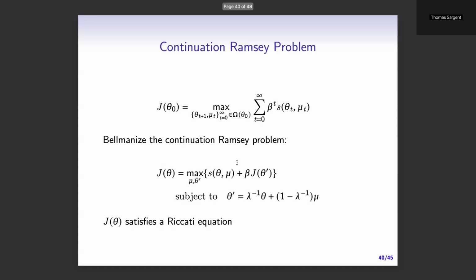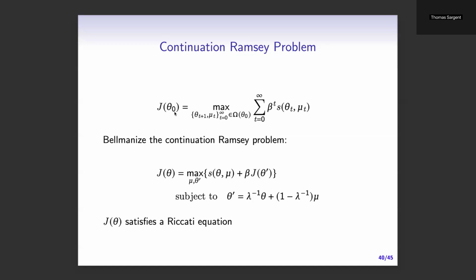And then I defined something called a continuation Ramsey plan. And again, finding the state is an art. So the key thing here is, first we defined the value function for a continuation Ramsey planner who has state variable theta zero. And theta zero is an initial inflation rate that the continuation Ramsey planner at time zero has to deliver. Has no choice about it.